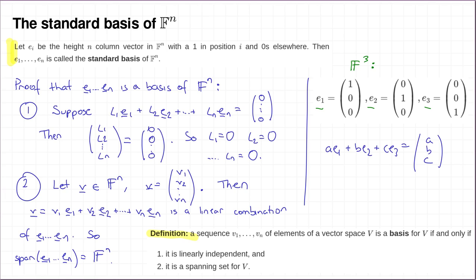And this is how we do all proofs that something is a basis. We simply check the two parts of the definition of basis, linear independence and spanning.